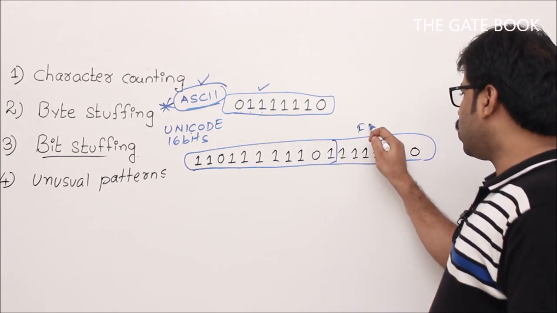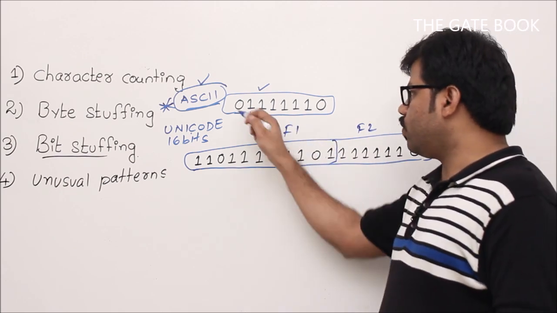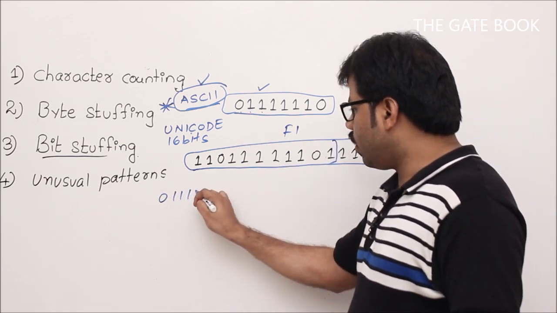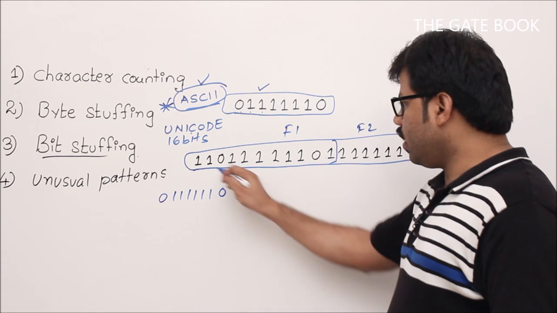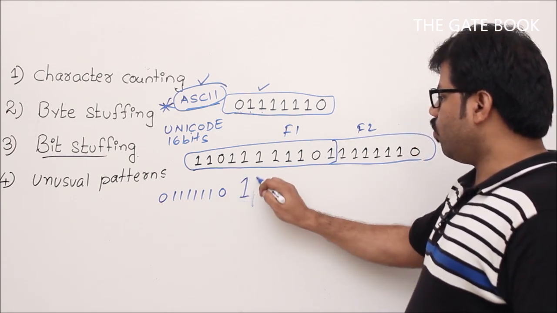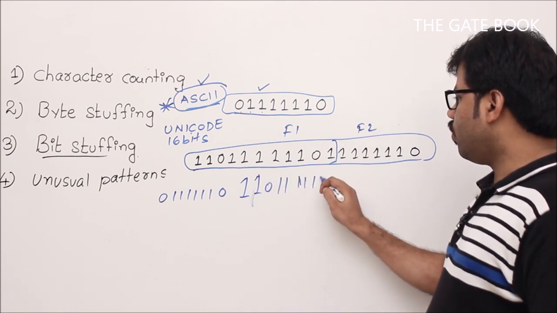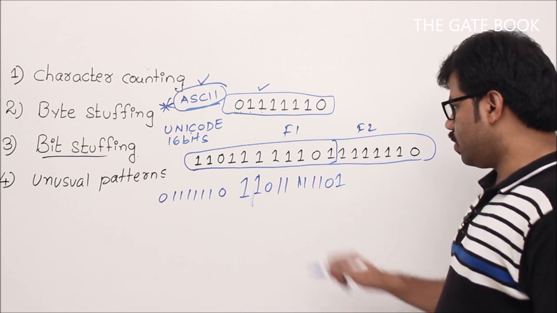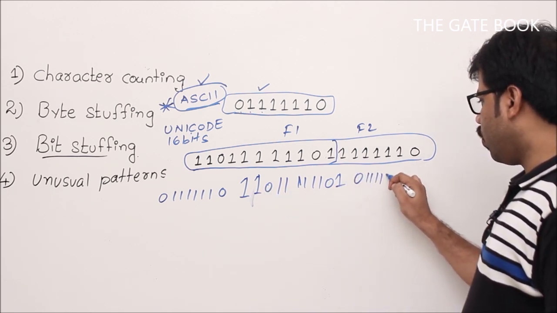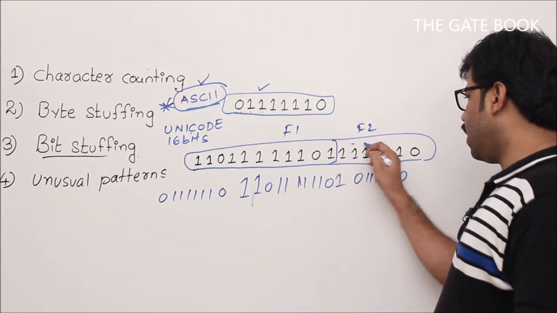After realizing it, it is going to stuff this pattern: 0, 1, 2, 3, 4, 5, 6 ones, 0, followed by the frame. The frame is 1, 1, 0, 1, 1, 1, 1, 1, 1, 0, 1, end of the frame, right? Then again you stuff 0, six ones, 0 in that way. Okay, so we can complete the remaining part also.